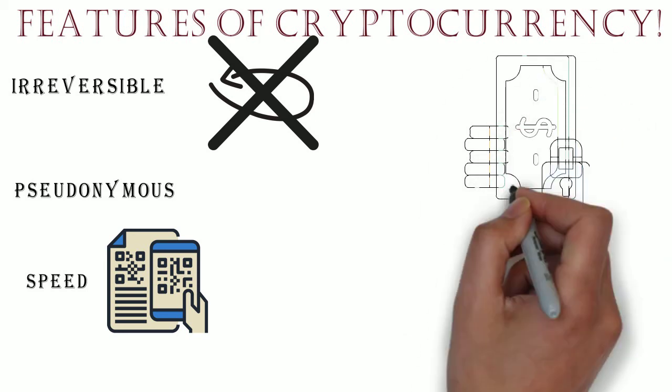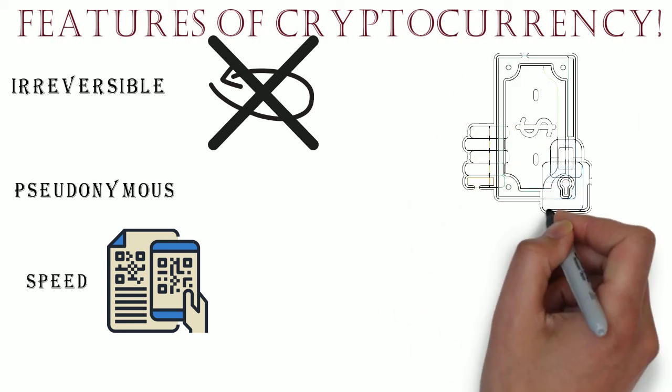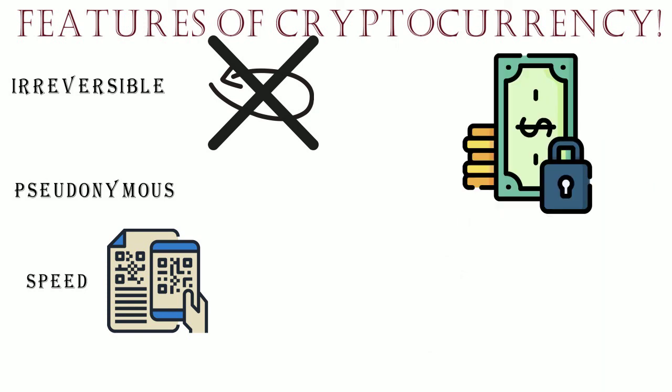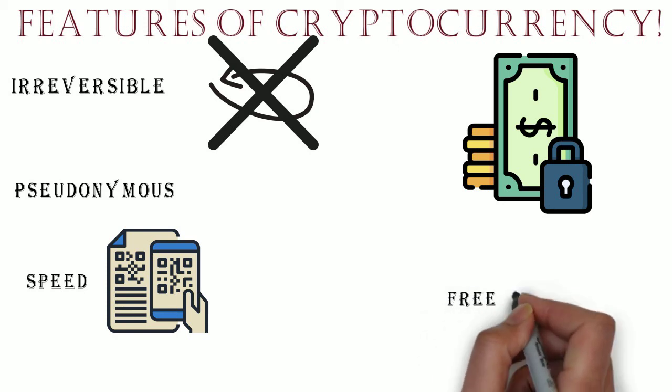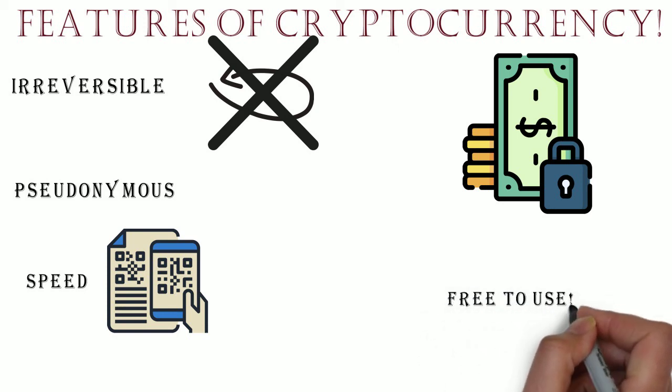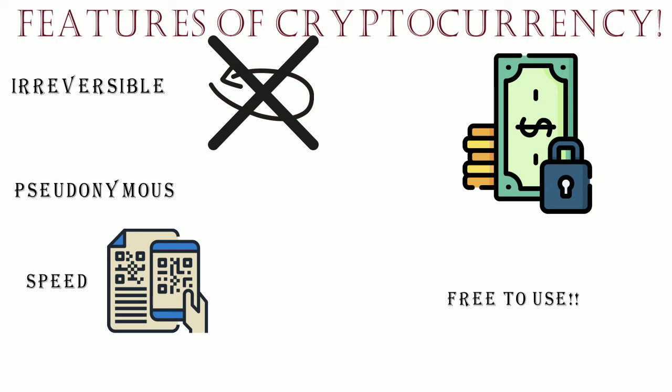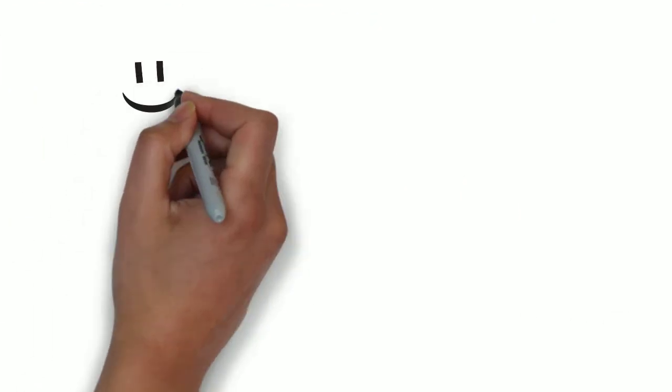Cryptocurrency funds are secured in a public key cryptography system, and only the one with a private key can send cryptocurrency. It's like only the one with the key to the locker can open or close the locker. And the final one is that you do not have to ask anyone to use cryptocurrency. You can download the Bitcoin app on your own, but it is illegal in some countries.